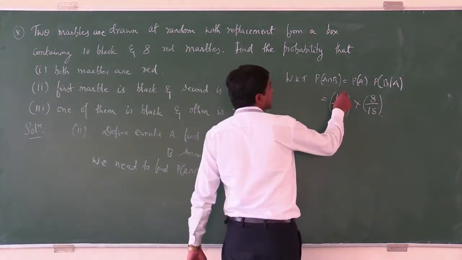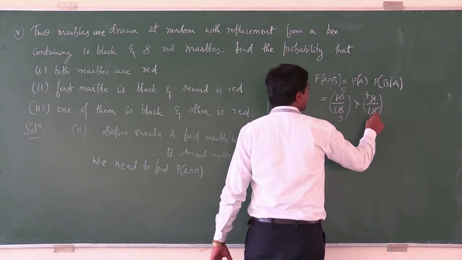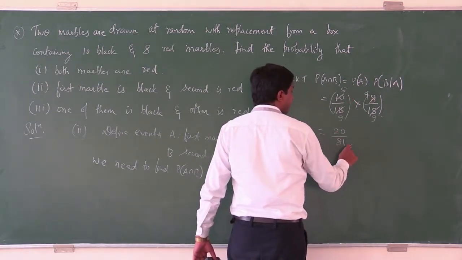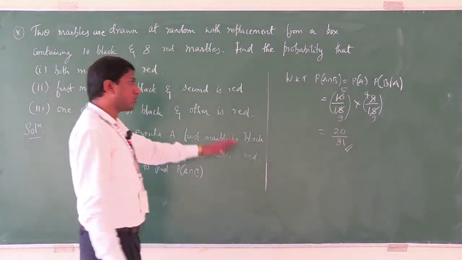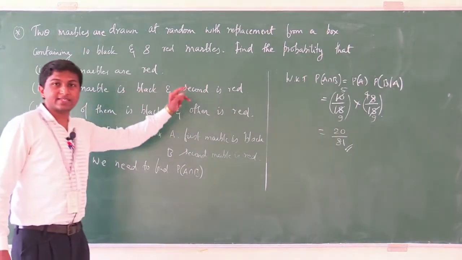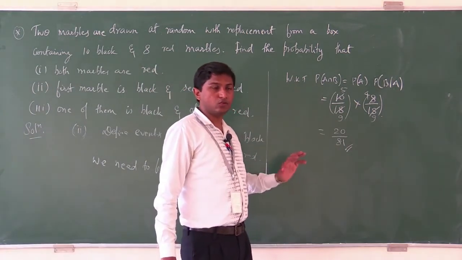On simplifying, 2 5s are, 2 9s are, 2 4s are, 2 9s are, so that is 20 by 81. So the probability that the first marble is black and the second is red is 20 by 81.